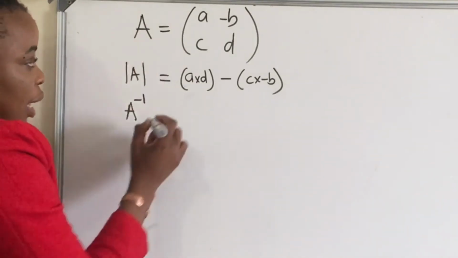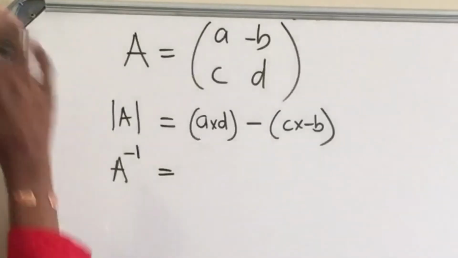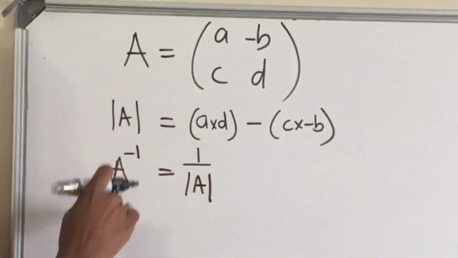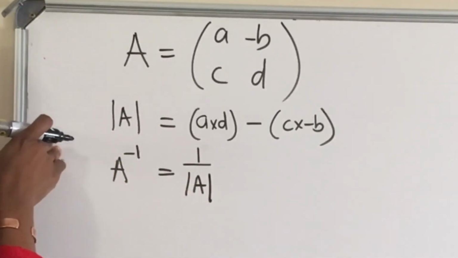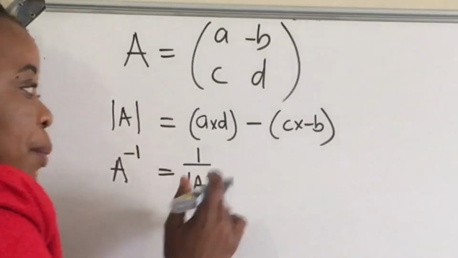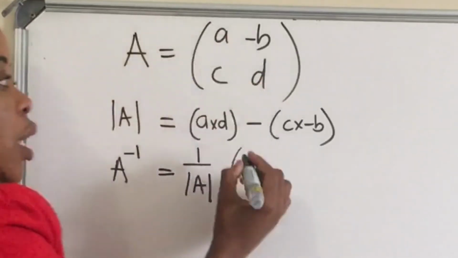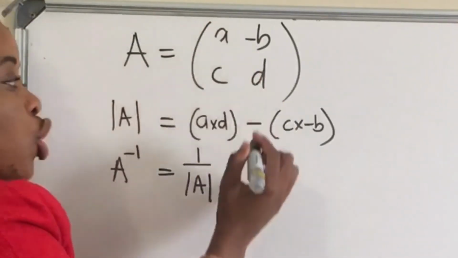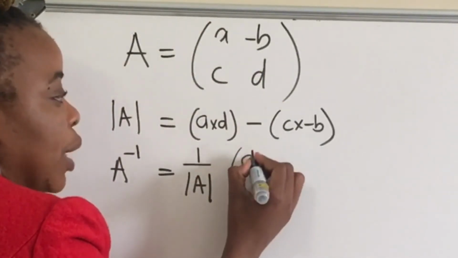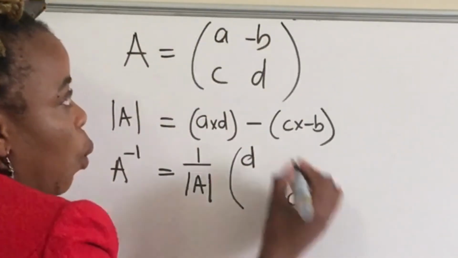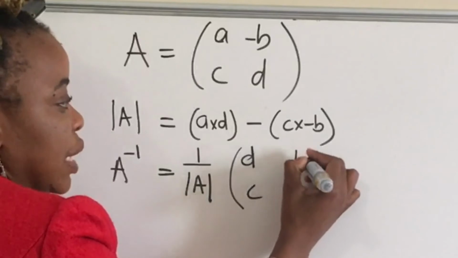Then to get the inverse of A, which is denoted by this, I'm going to say 1 over the determinant, meaning to get the inverse, I should be able to get the determinant. Then I must multiply with the matrix where A and D are swapped, so A takes the place of D, while C and B stay in place but change their signs.